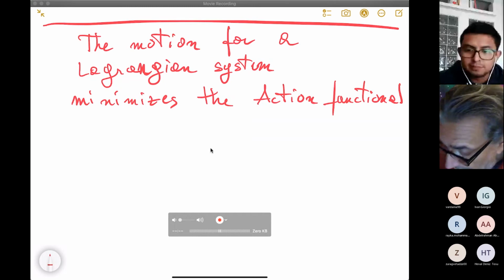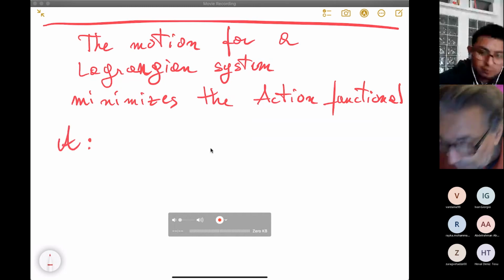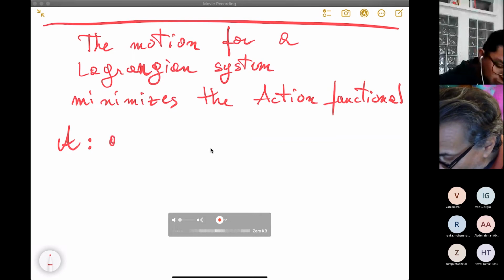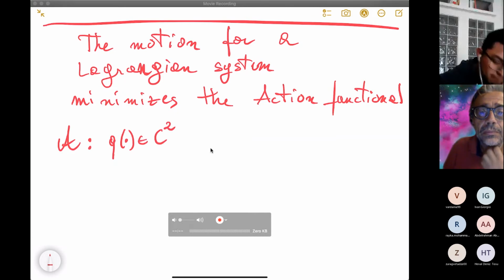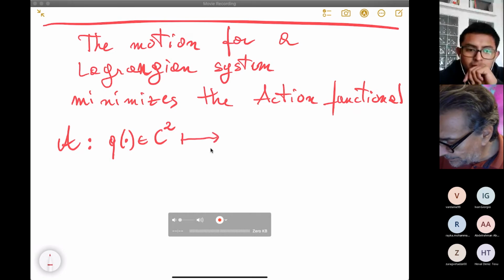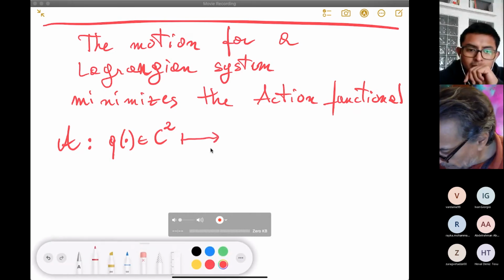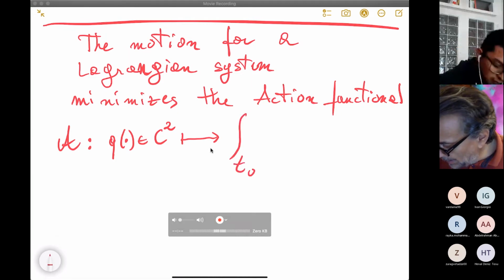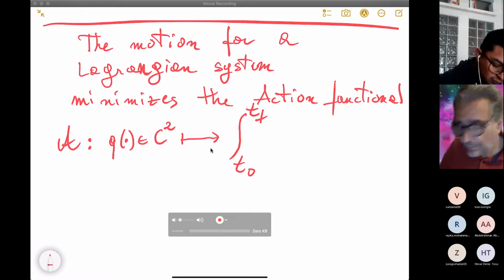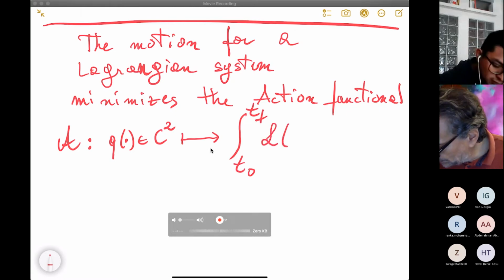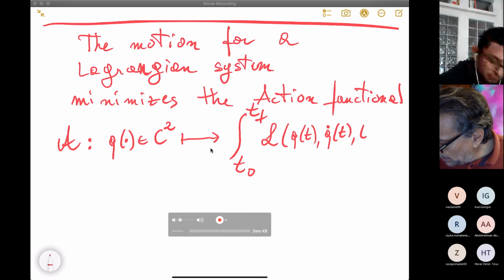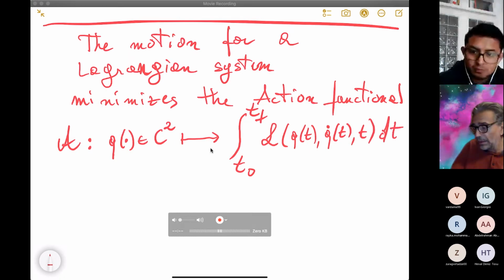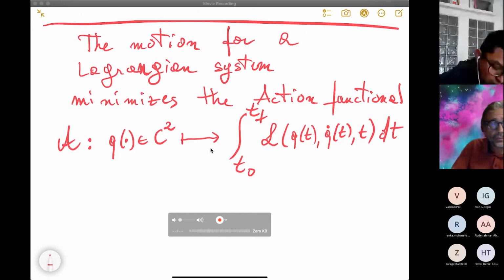What is the action functional? It is a mapping which, for every function belonging to the class C2, associates the integral built with the Lagrangian function, which we have introduced before.